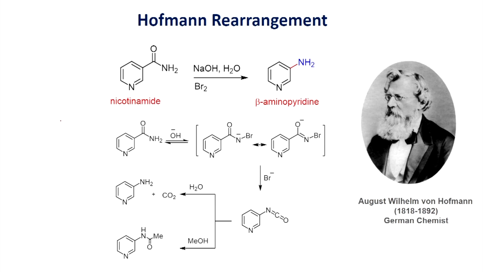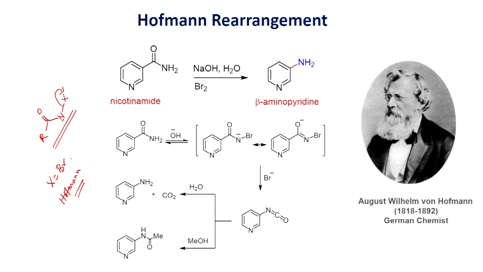So these reactions will have this common intermediate. This is the leaving group. So if X is Br, then this will be the Hofmann rearrangement.